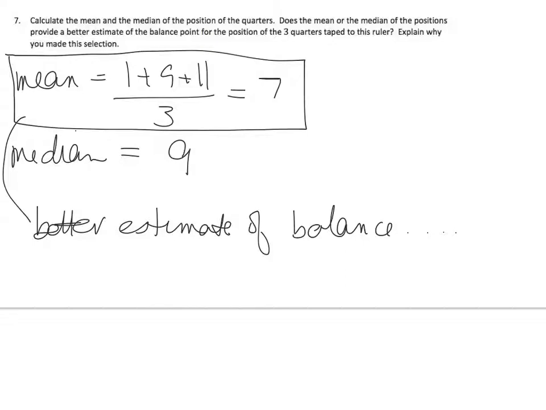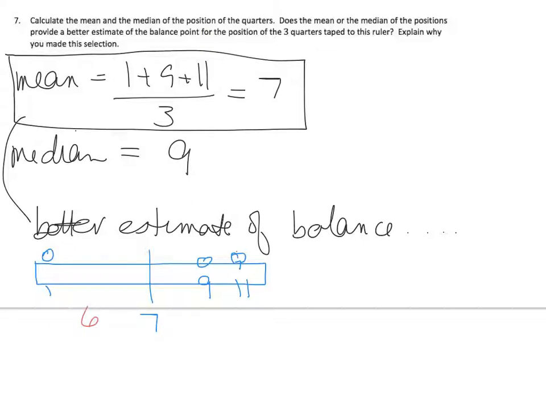Well, if I selected the mean position of 7 as the balance point, this is at 1 down here, and this is at 11 and 9. With my balance point of 7, the distance here is 6. The sum of the distances here is 2 plus 7, 8, 9, 10, 11. My distance from the balance point has evened out.